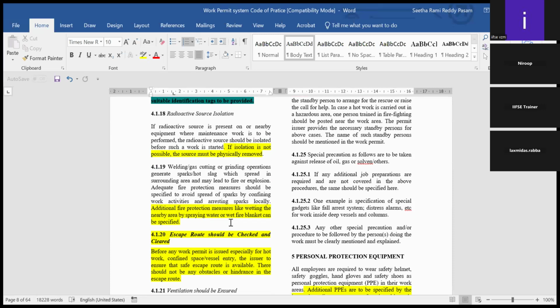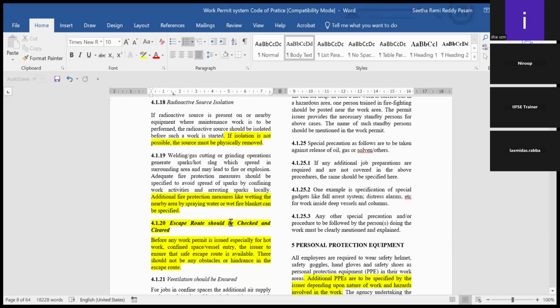It is for any fire or hot work activities happening. Basically, we wet the surrounding area so that it will not ignite, in case of any dry leaves, grass or any material.